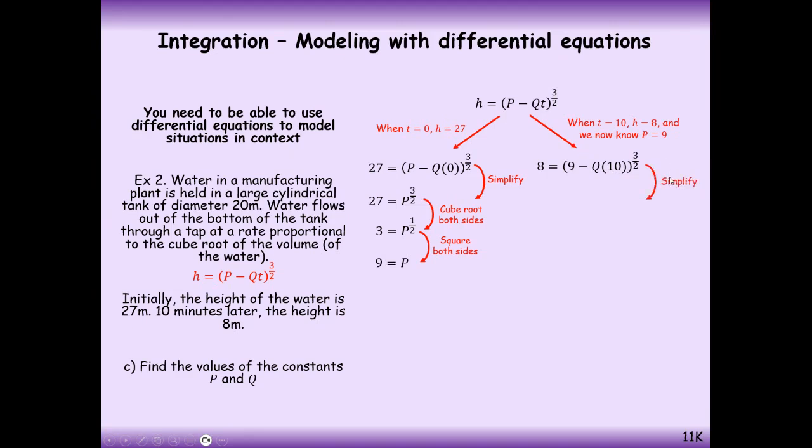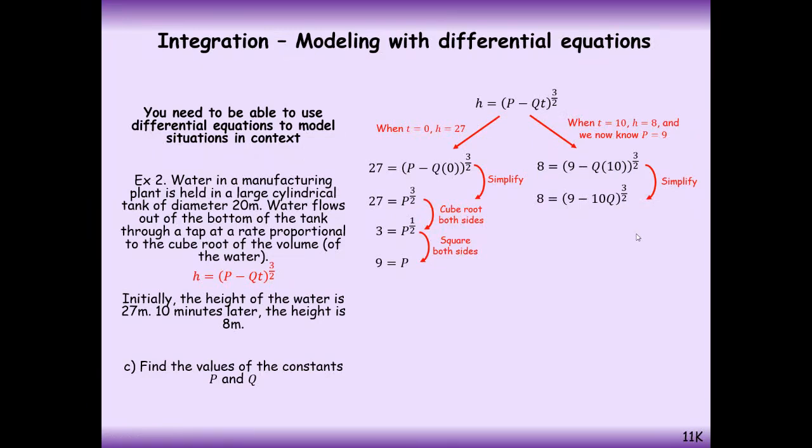Now we are going to simplify this expression, raising both sides to the power of two-thirds. 8 to the power of two-thirds is the cube root of 8 squared. The cube root of 8 is 2, and 2 squared is 4.